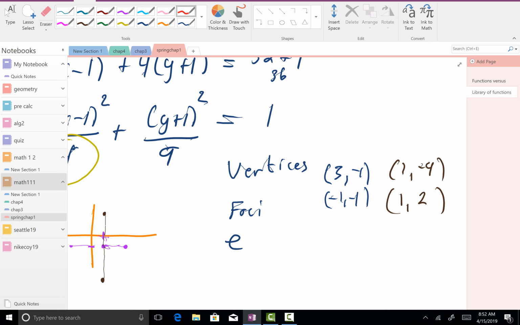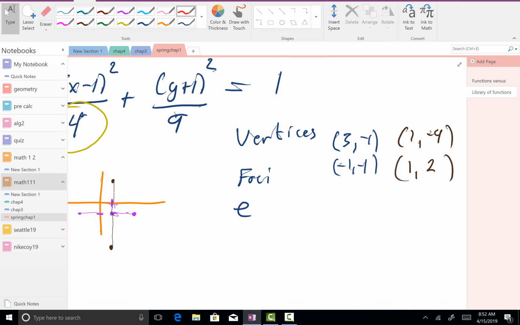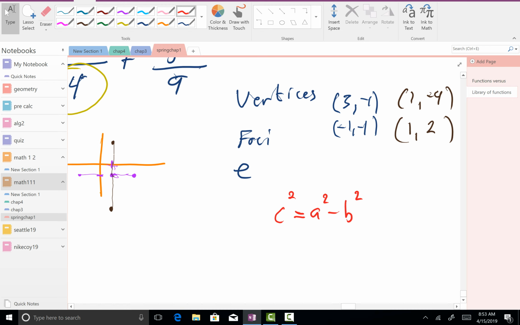And then our little foci, how do we find that again? C squared equals A squared minus B squared. So here we go.